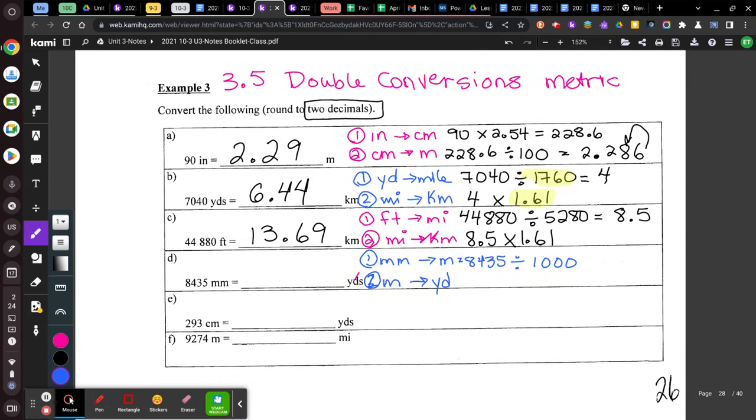So now we are going to divide this number by 1,000. That's moving its decimal place. So we're going to end up with 8.435, and that's now meters being converted to yards. And meters to yards, we multiply by the number 1.09, and we're getting that number from the chart, 1.09. So make sure you're writing down all of the steps.